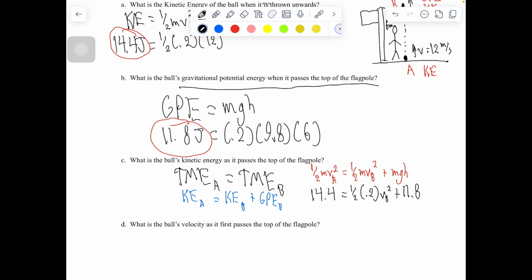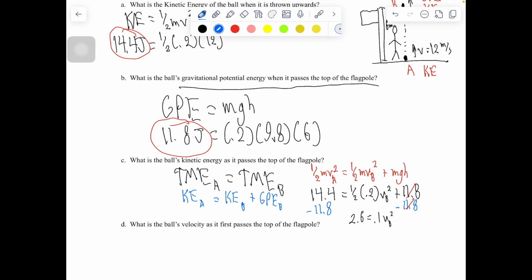If we go ahead, we subtract 11.8. We're trying to isolate for that velocity. This will cancel on our right-hand side, and we can get 14.4 minus 11.8. That gives us 2.6. So we have 2.6 is equal to 1/2 of 0.2 is just 0.1 VB squared.